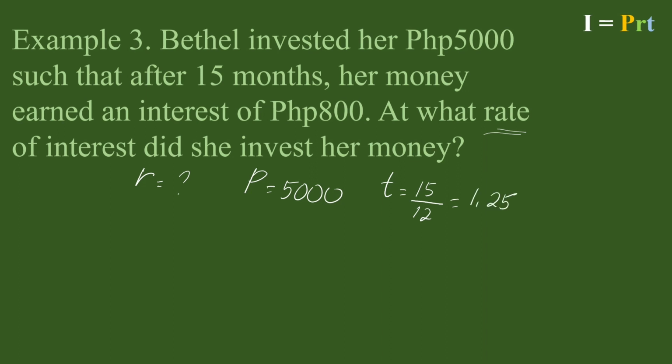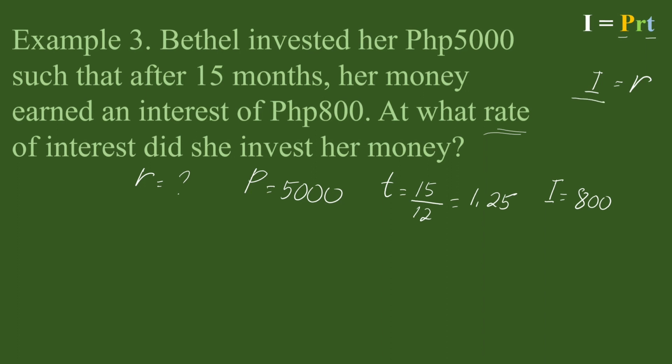And then the amount of interest earned is 800 pesos. Now just like what we did in example number 2, in order to solve for R, we will be transposing this P and T to the denominator of I. So that's just simple algebra here.